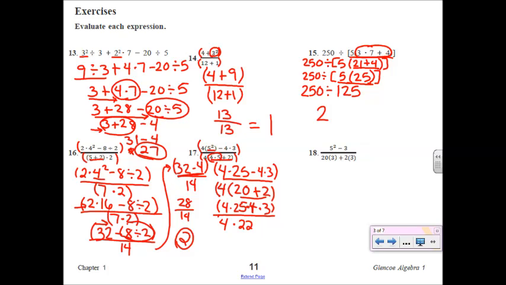Now I can take care of multiplication. 4 times 25 is the first one I run into on the top. That's 100. And 4 times 22 is what I run into on the bottom. That's 88.